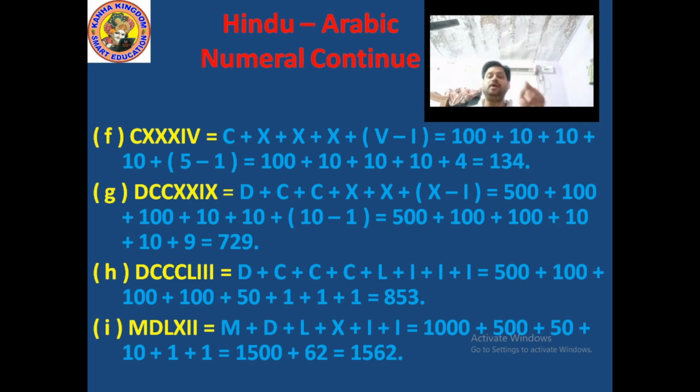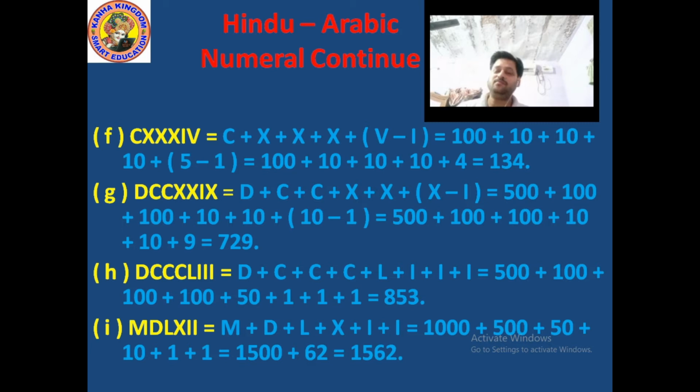C equals 100 plus X equals 10 plus X equals 10 plus X equals 10 plus bracket V equals 5 minus I equals 1, bracket close. Now see, 100 plus 10 plus 10 plus 10 equals 130, and 5 minus 1 equals 4. So 130 plus 4 equals 134. Clear?